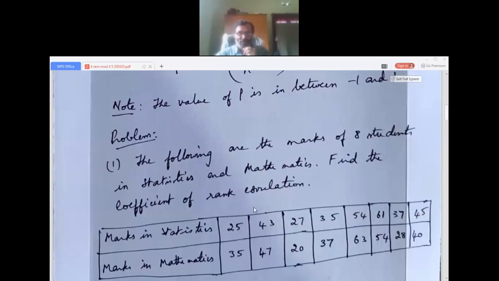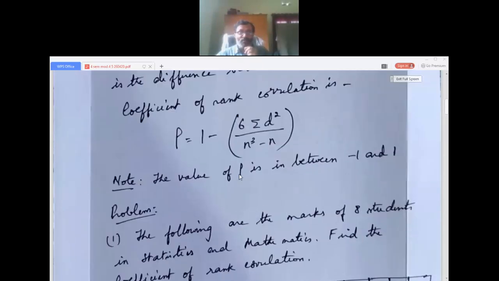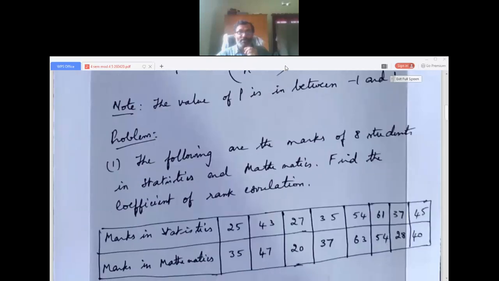Marks in mathematics: 35, 47, 20, 37, 63, 54, 28 and 40. What you have to find is the coefficient of rank correlation.